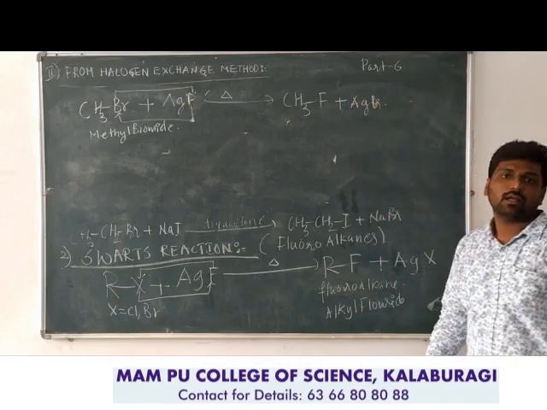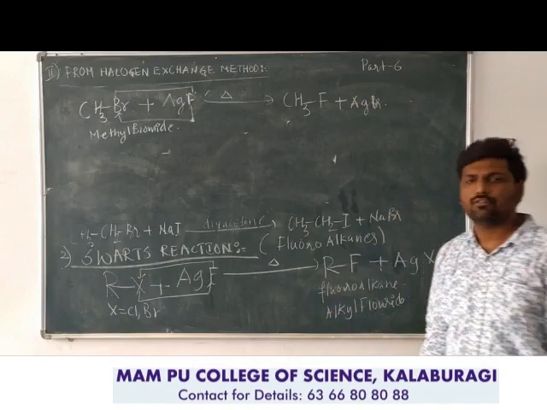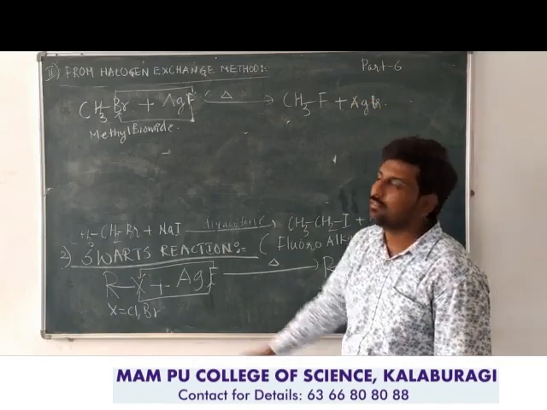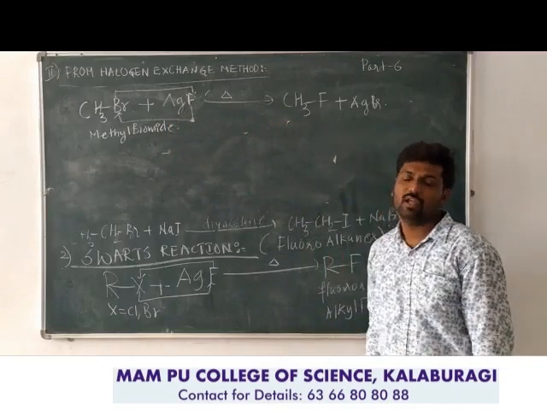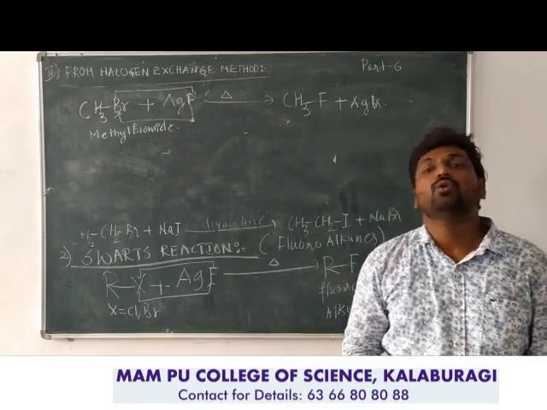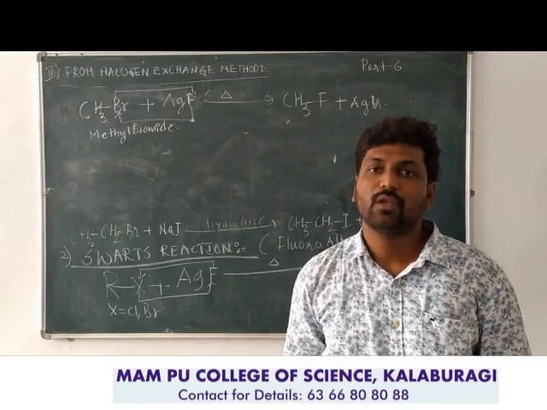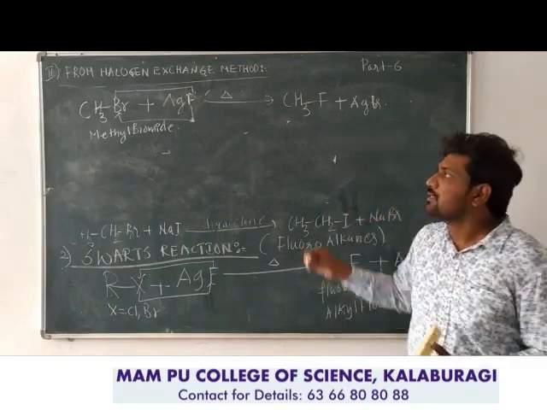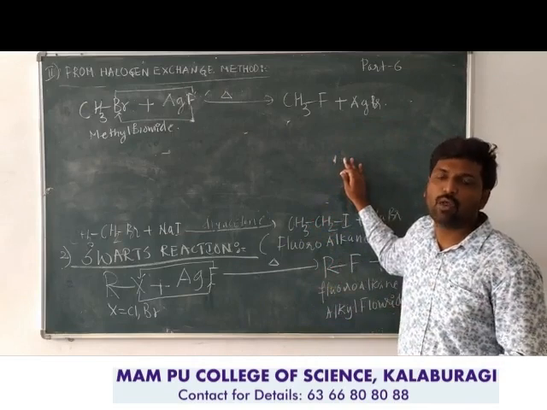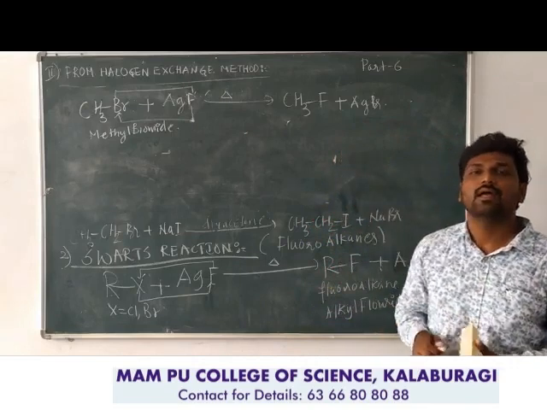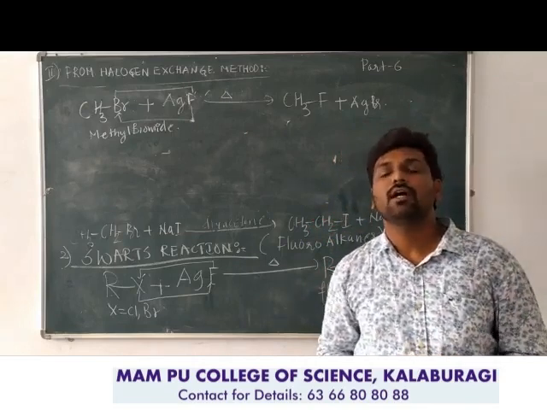In one of the years of the PU board examination, it was asked: CH3Br with AgF, this reaction was given, and they asked to write the name of the reaction. Once again, remember, this reaction was given in one year for 1 mark, asking to write the name of the reaction.